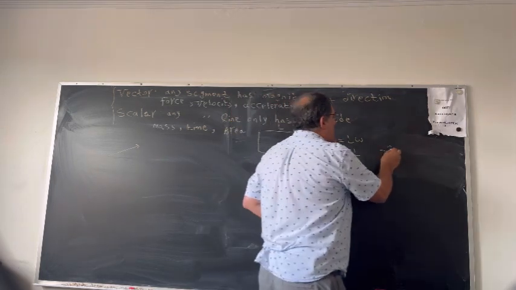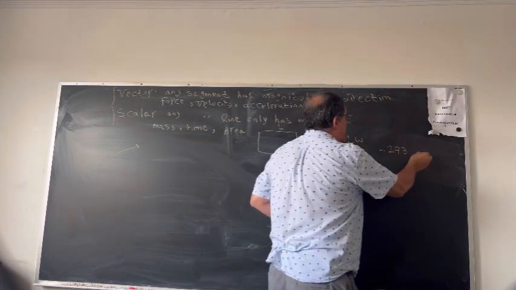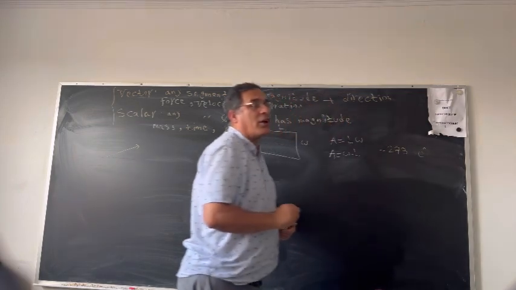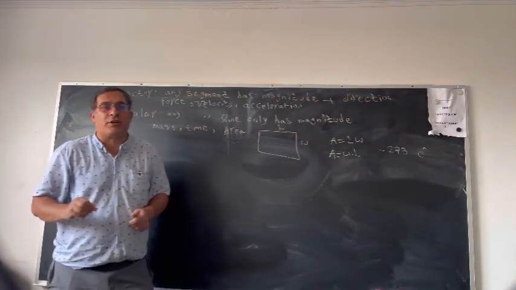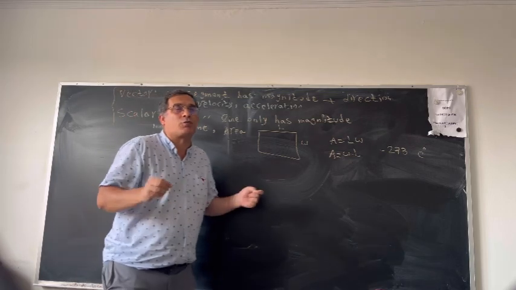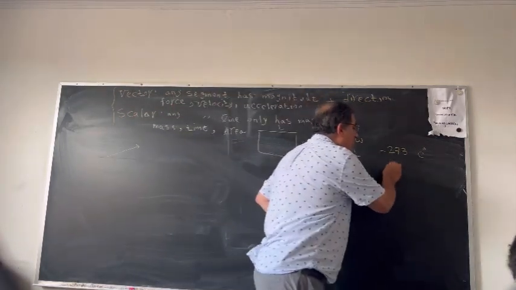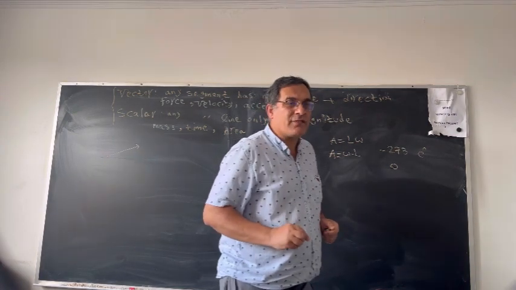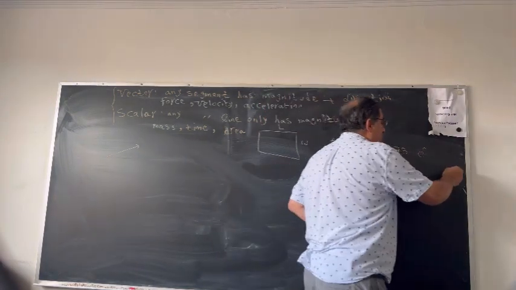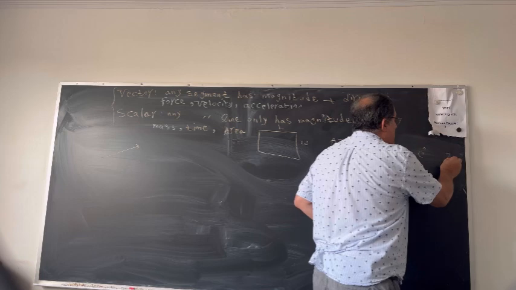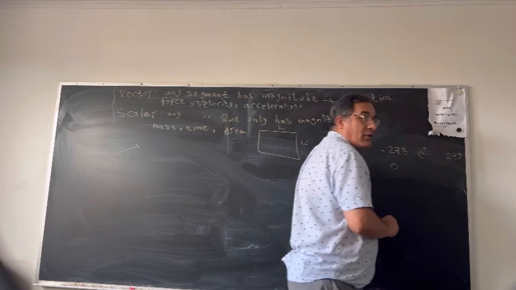So minus 273 degrees Celsius or centigrade is the lowest temperature in the world. We don't have minus 274. You can assume this is 0, and this is, for example, the highest temperature you assume 273.